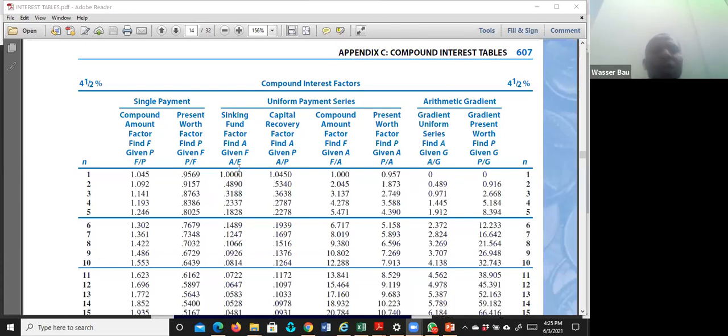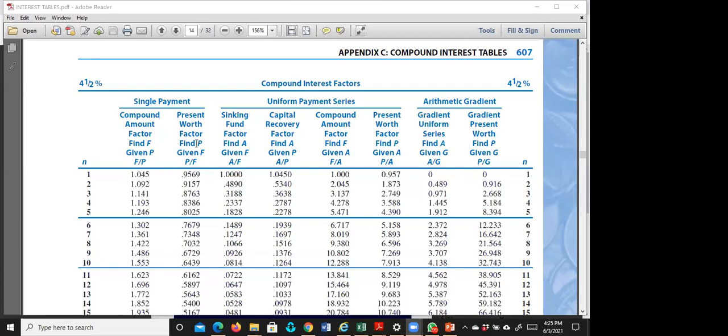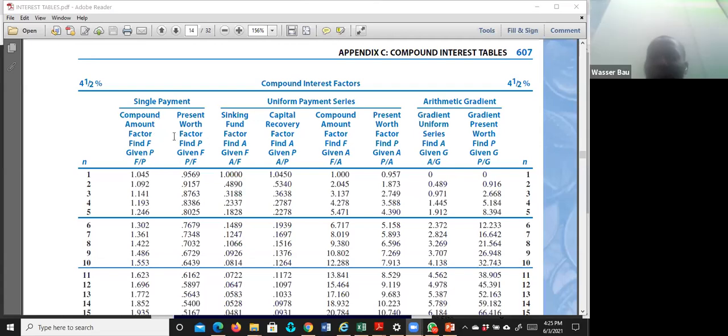If you are doing an MBA or some of these advanced management courses, like they do in Harvard, they will be talking about compound amount, present worth, sinking fund. Your lecturer can ask you, find the sinking fund. Brother, he's just asking you to find the A given F.